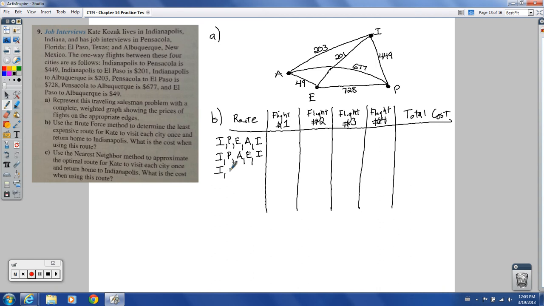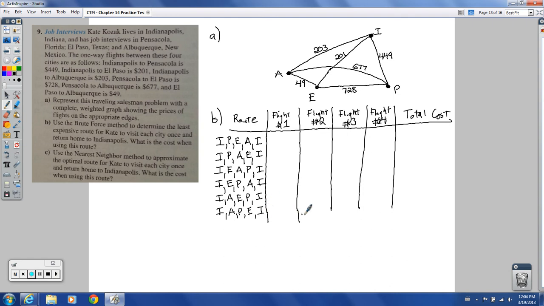We always have to start with I because we're starting in Indianapolis. Then we could do El Paso, Albuquerque, Pensacola, Indianapolis. We could do El Paso, Pensacola, Albuquerque, Indianapolis. And I haven't gone to Albuquerque first yet, so that's a possibility. So Albuquerque, El Paso, Pensacola, Indianapolis, or Indianapolis, Albuquerque, Pensacola, El Paso, Indianapolis.